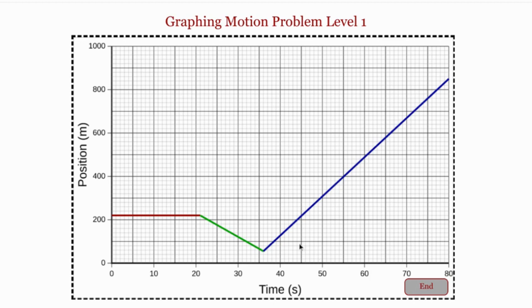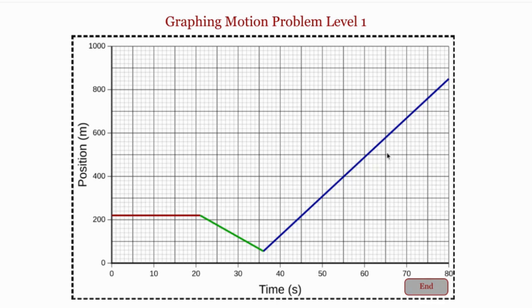Now, let's get the slope for the blue line. So let me try to find some good points here. This 55 is really good because it's right at an intersection. And then 65 is pretty good too because it looks like it's crossing. So at 65 seconds, it's at 580, right?